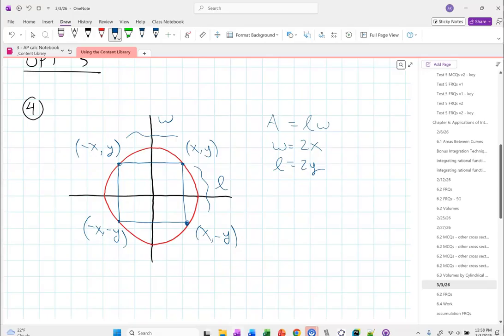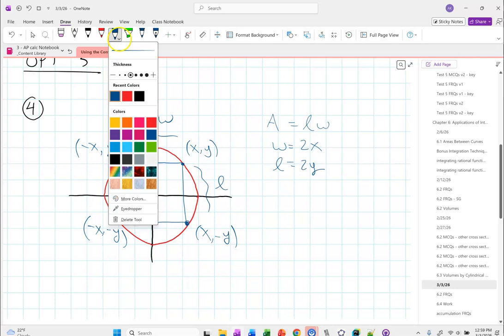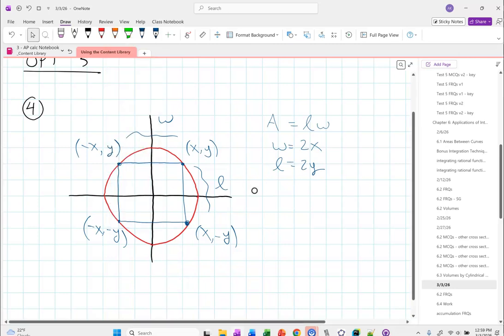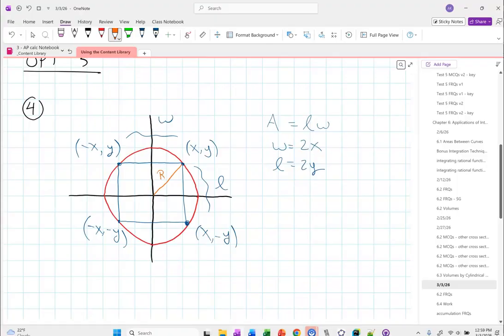What's my issue? My area is still in terms of two different variables. Bummer. So what I'm going to do is I know that this distance is a radius of the circle. That's constant, that's r.